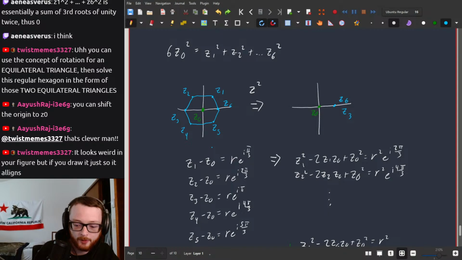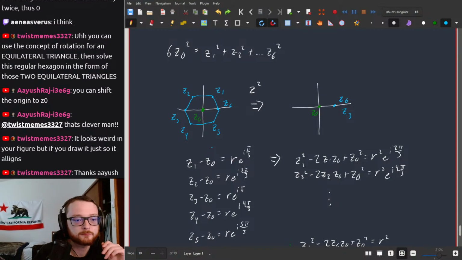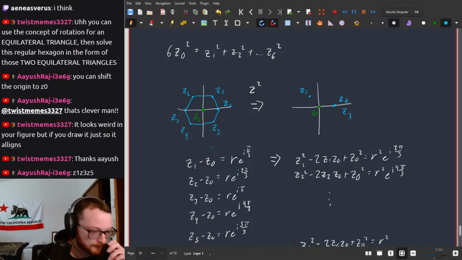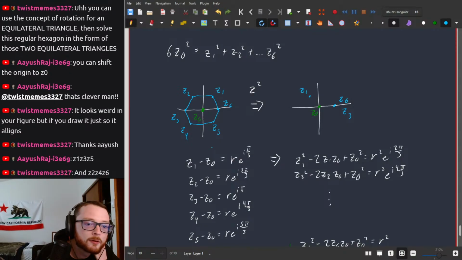That should be 2 pi over 3. 2 pi over 3 is somewhere up here. z2 has an angle 2 pi over 3. It becomes 4 pi over 3. So somewhere down there.